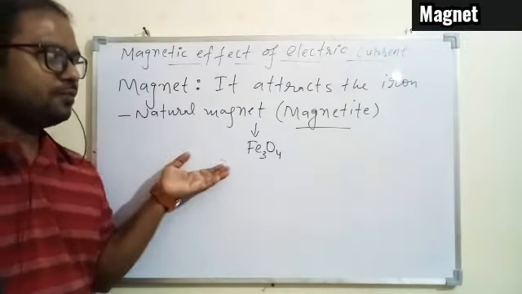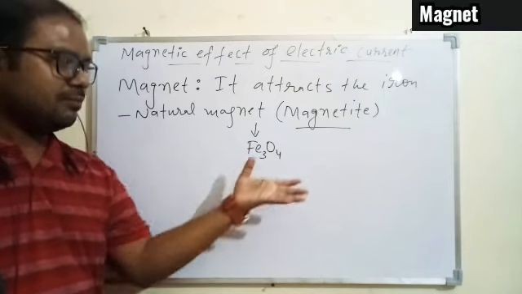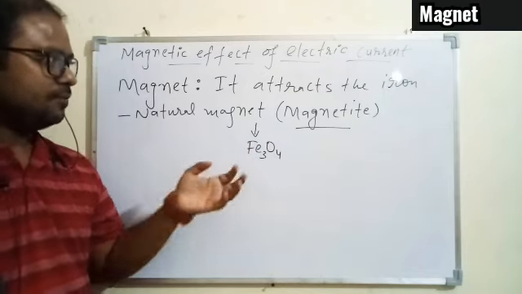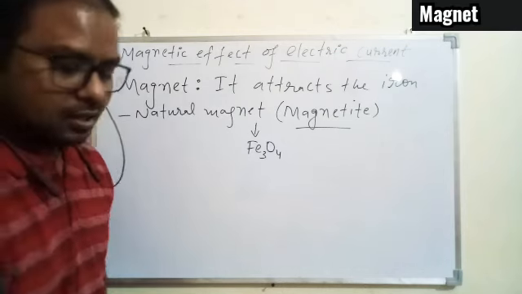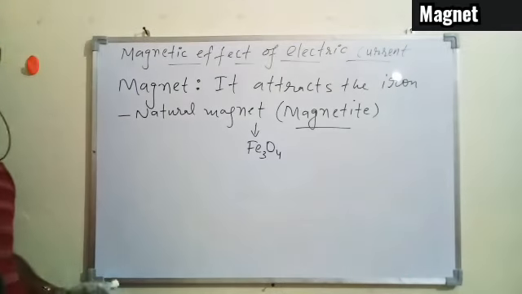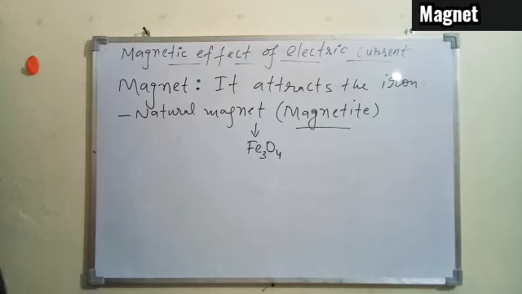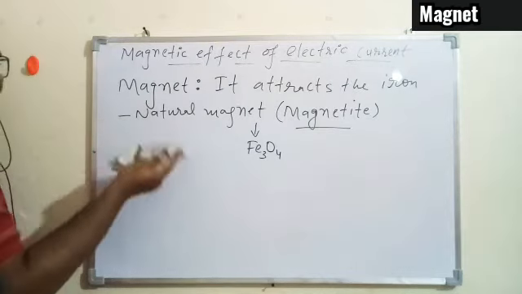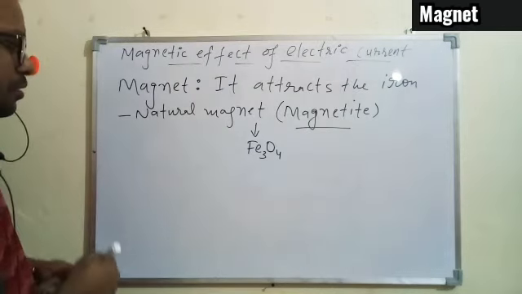That is one thing you should know, and you can search out the history of this magnet, how it was discovered. Today we are going to talk about magnet and related concepts. Magnet is very simple to understand: any material that can attract iron is called a magnet, and can be natural and can be artificial.